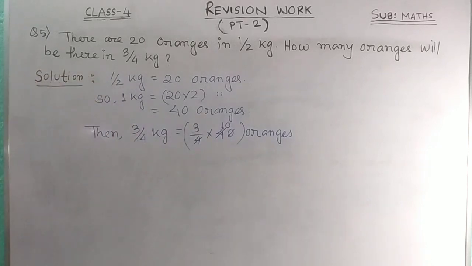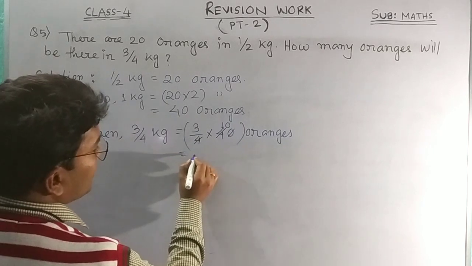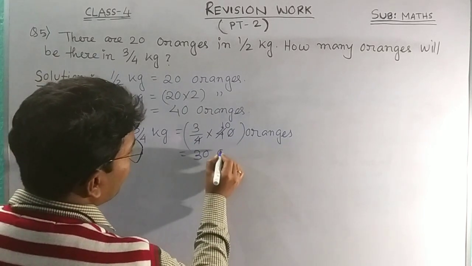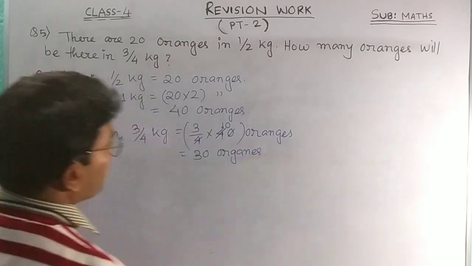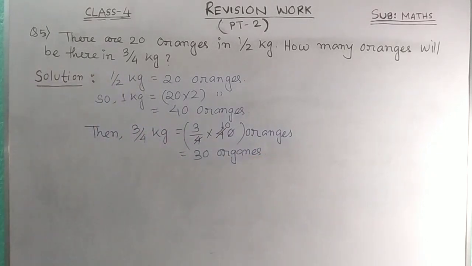Okay. So after that, this and this one we have to multiply. So it will be 30 oranges. So very easy process. We can find out any types of multiplication, any types of fraction portion, to practice only.